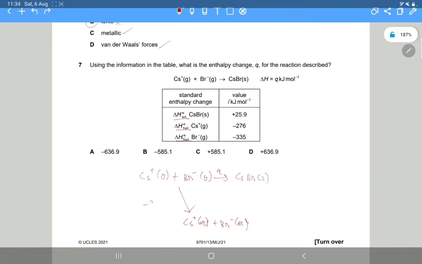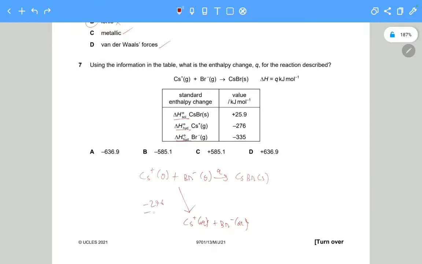And that's minus 276 minus 335, basically summing the enthalpies of hydration. And then when we dissolve CsBr solid to give the aqueous ions, then that's enthalpy change of solution, which is this one. So that's plus 25.9 kilojoules per mole.